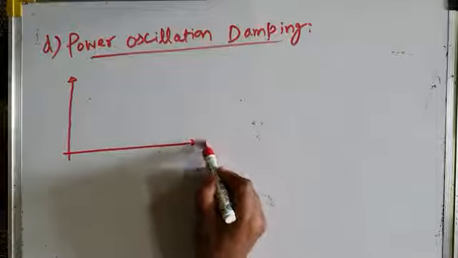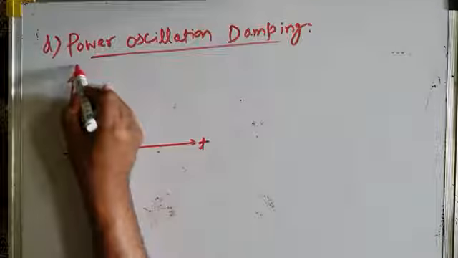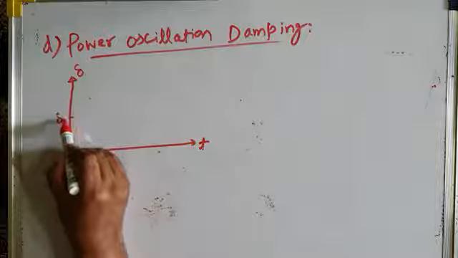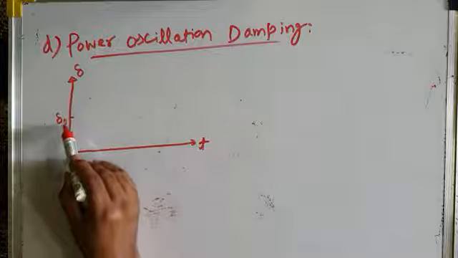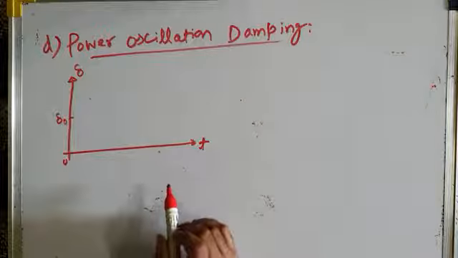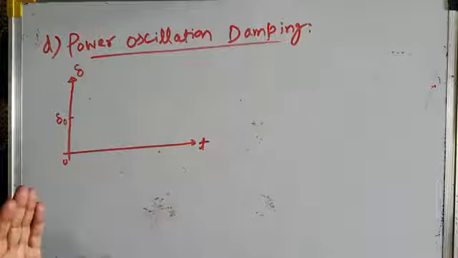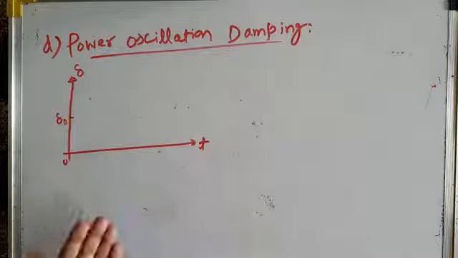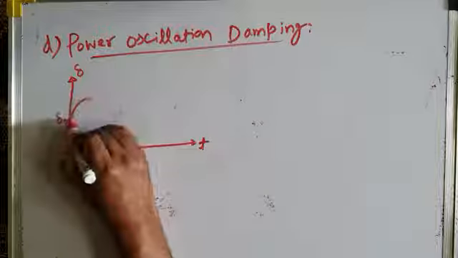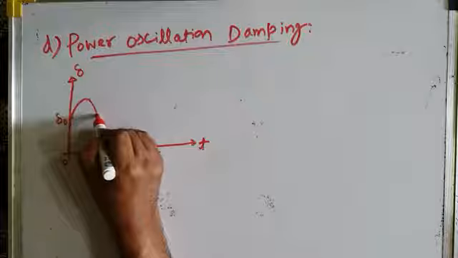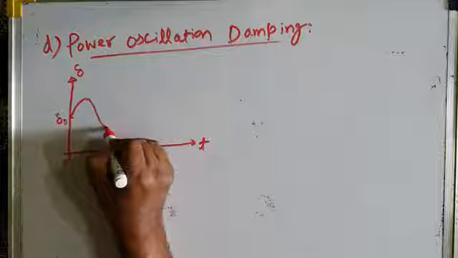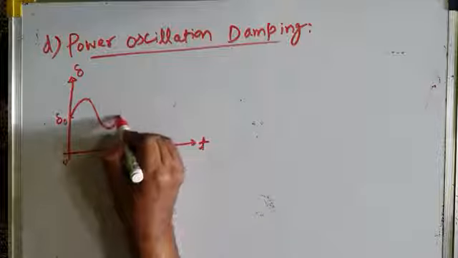So for example, this is the time axis and this is the transmission angle or power angle delta. Let us suppose my system is operating at a steady state value with a transmission angle delta naught. And suddenly some disturbance has occurred, and this disturbance results in oscillation of this transmission angle. The transmission angle may increase, becoming greater than the steady state value, then it decreases, becomes equal to the steady state value, decreases further to less than the steady state value, then again increases.